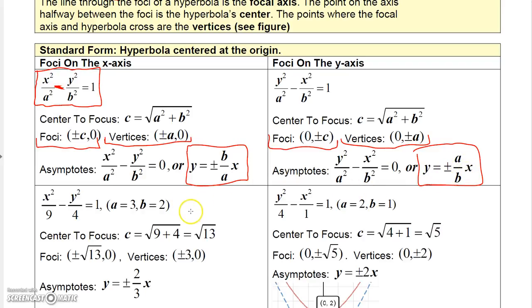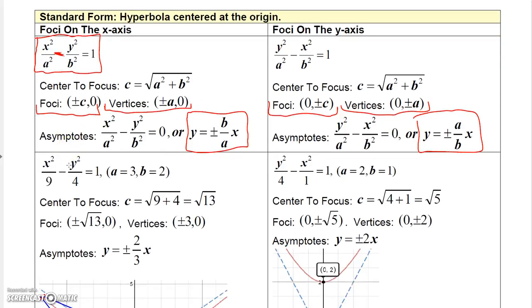Okay, so let's go ahead and tackle one. Let's do one where we have the x squared term minus the y squared term. So this one has x squared over 9 minus y squared over 4. The square root of 9 is 3, so we'll say a is 3, and the square root of 4 is 2, so b is 2.